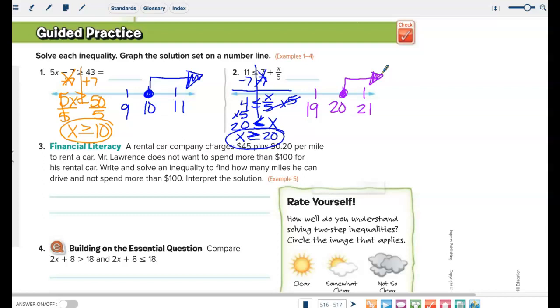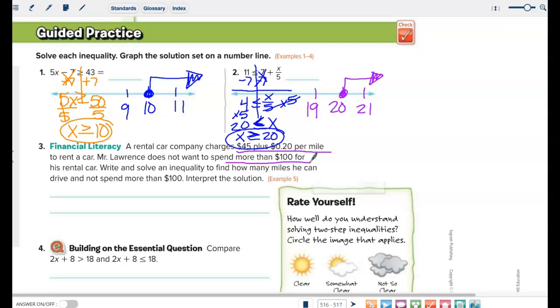All right, number 3, financial literacy. A rental car company charges $45 plus 20 cents per mile to rent a car. Mr. Lawrence does not want to spend more than $100 for his rental car. So we're going to write and solve an inequality to figure out how many miles he can drive and not spend over 100.